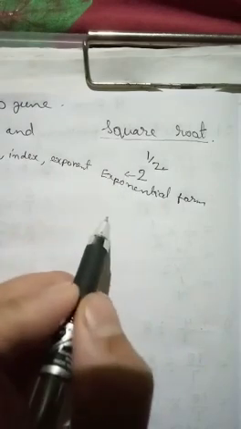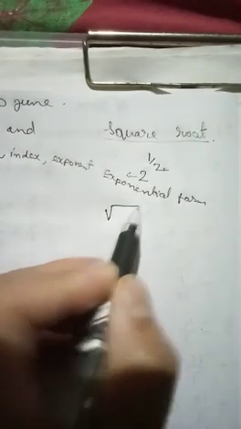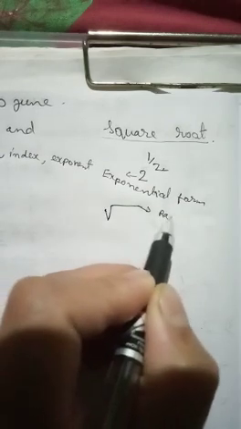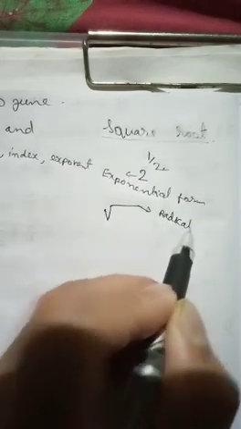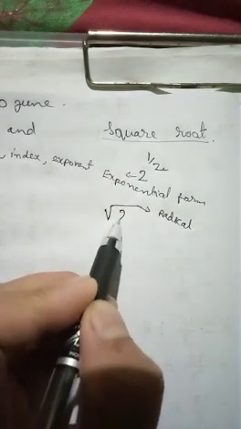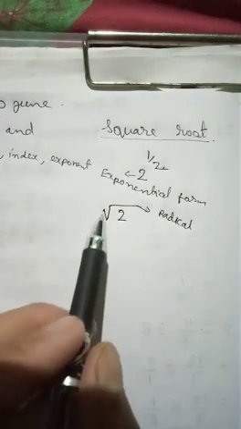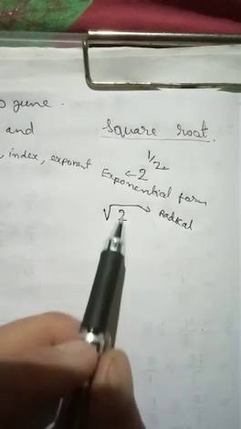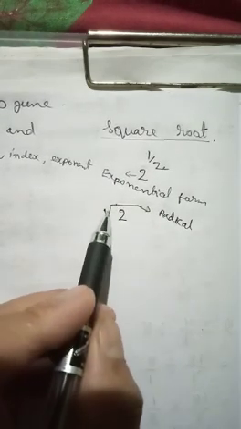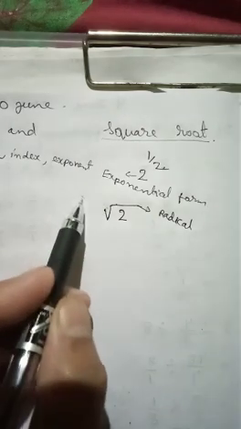But sometimes we use this sign. This sign we call the radical sign. So suppose instead of writing 2 to the power 1 by 2, I write square root 2. How do we read it? We read it as square root 2. This sign we call radical, and here we call the order.